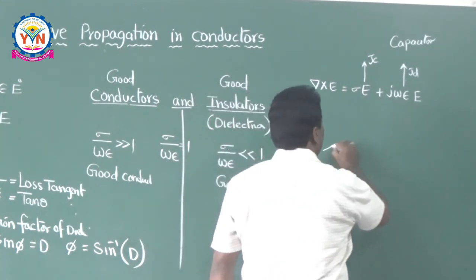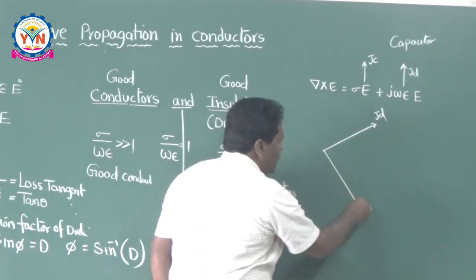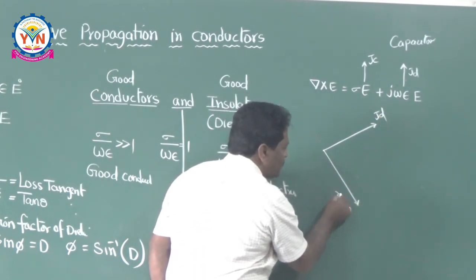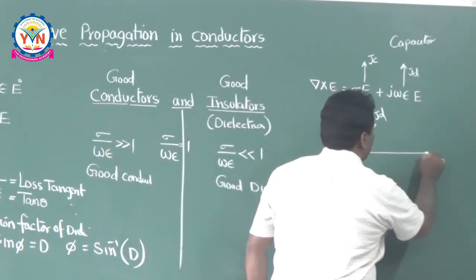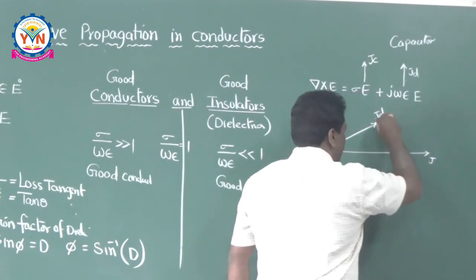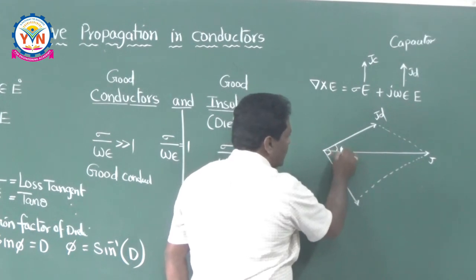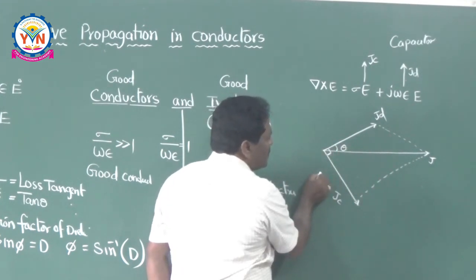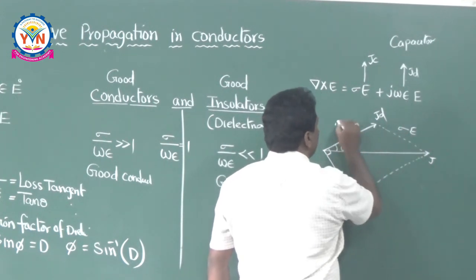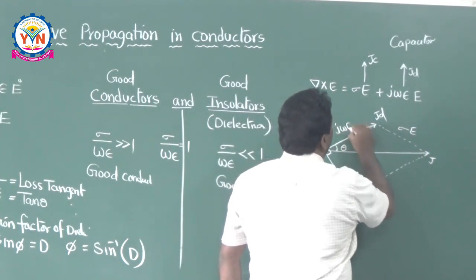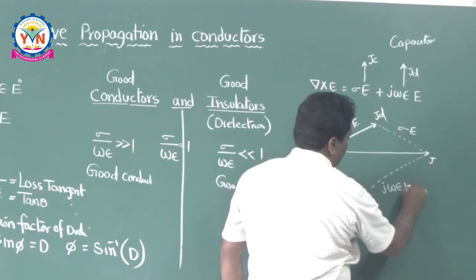This is JD, and at an angle of 90 degrees it is JC, and the resultant is J here. If you form this parallelogram like this, this is theta. So JC is sigma E, and the opposite side is also sigma E, and JD is j omega epsilon times E, and this is also j omega epsilon times E.